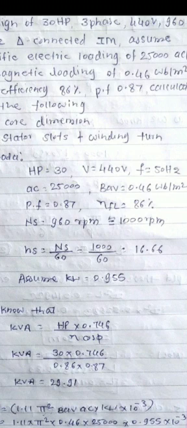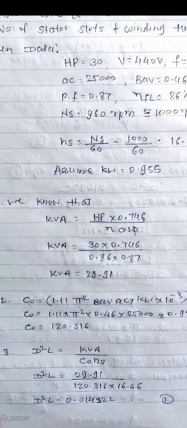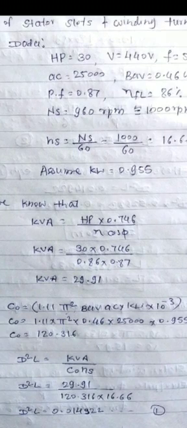Again, C0, the output coefficient, is equal to, in bracket, 1.11 pi square B average AC into kW into 10 raised to minus 3.